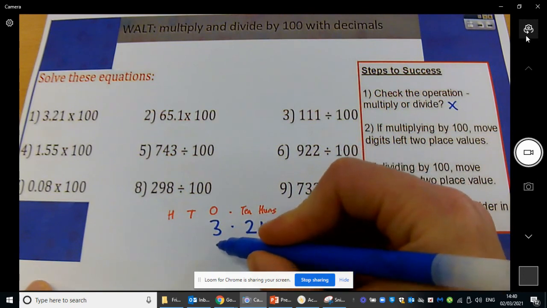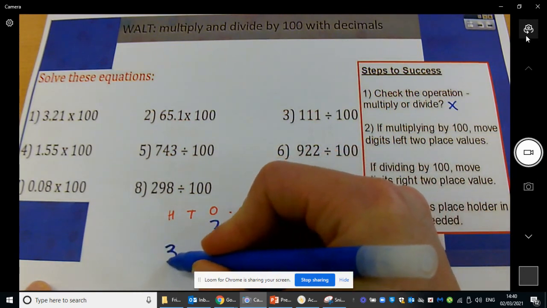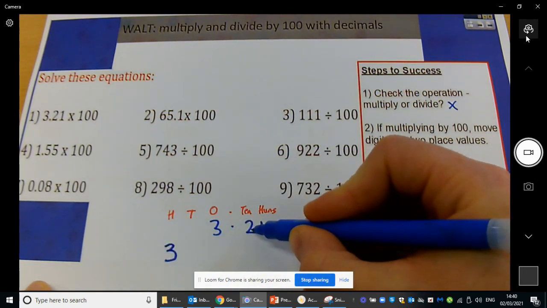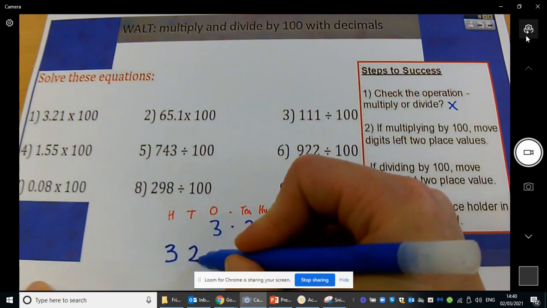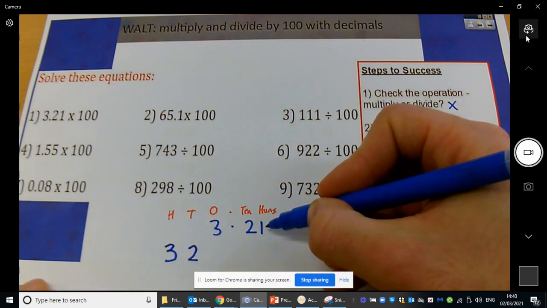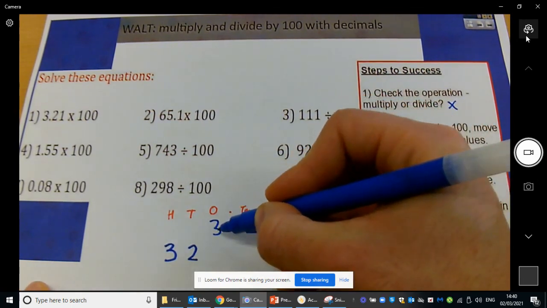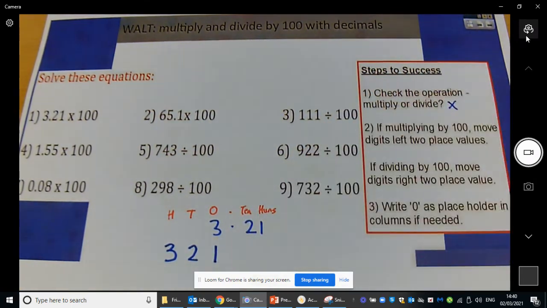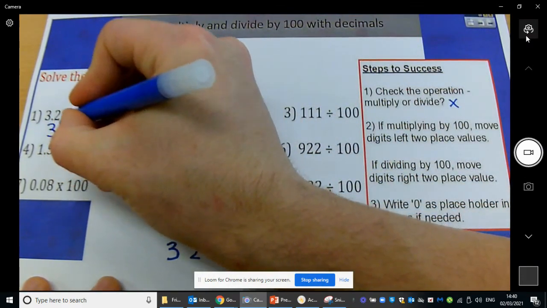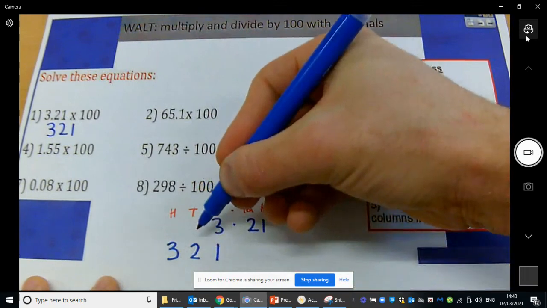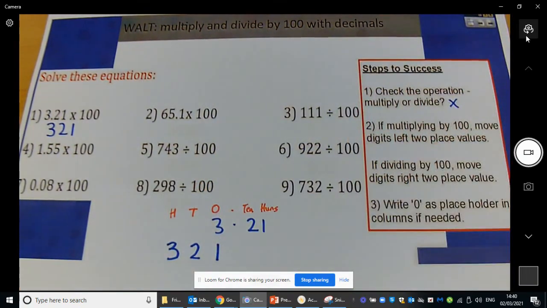So the 3 ones would become 1, 2, 3 hundredths. The 2 tens would become 1, 2, 2 tens, and the 2 hundredths would become 1, 2, 1 ones. So the answer for this one would be 321.